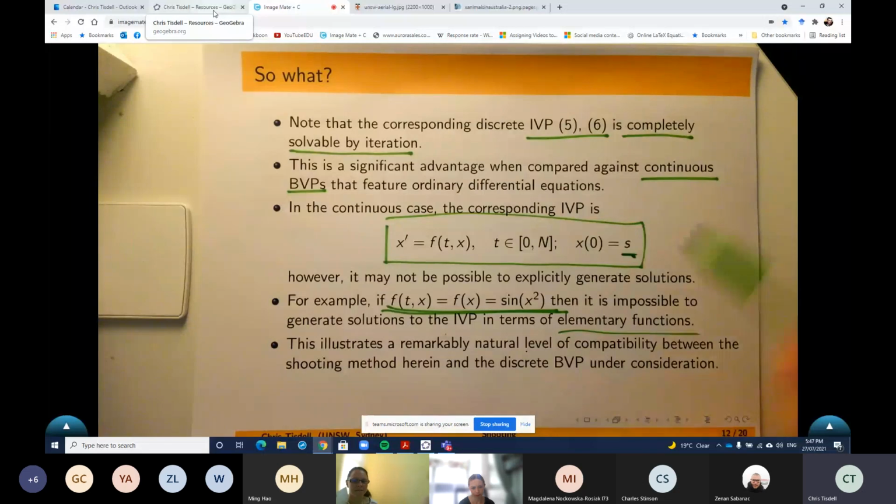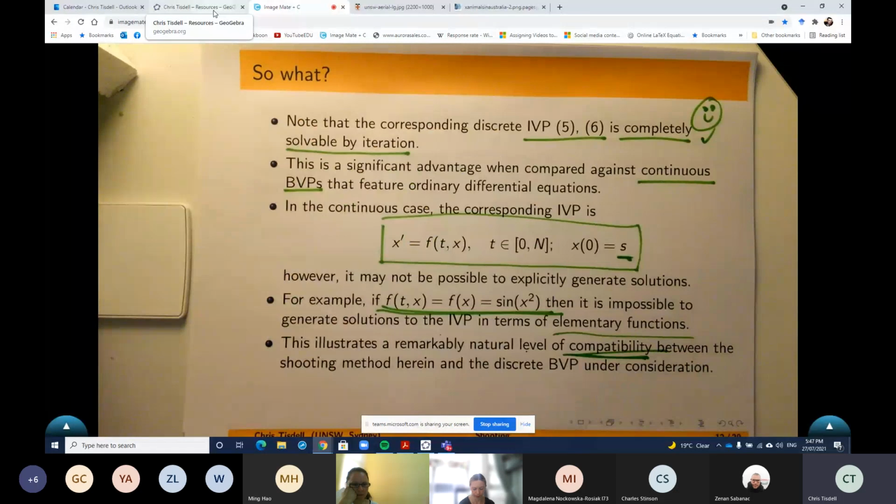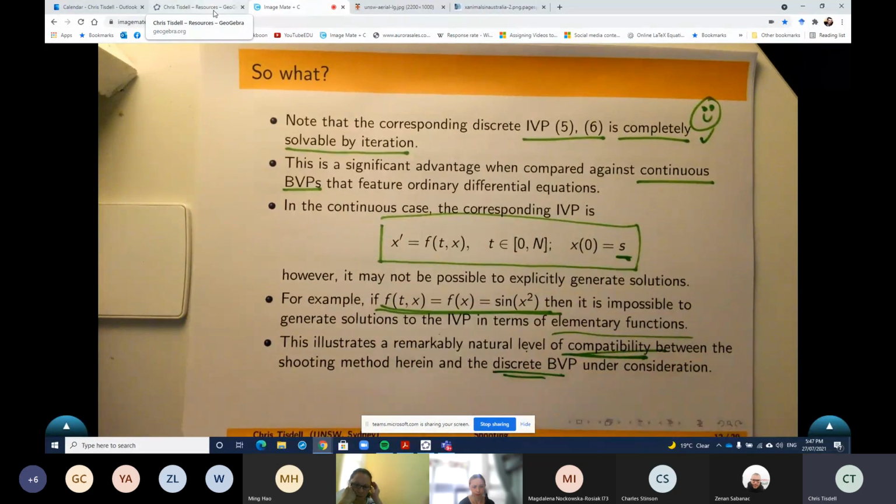Okay, so this is one big advantage that difference equations have over differential equations, in my opinion. This is what I mean when I was talking about the compatibility between the methods and the type of problems that we're looking at. I think shooting methods are very compatible with these discrete boundary value problems.